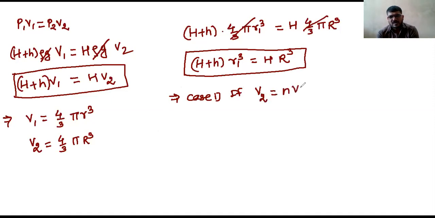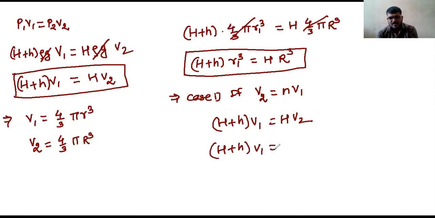V2 is equal to n times V1, then in this formula you can substitute H plus h into V1 is equal to capital H into V2. So this is H plus h into this V1 as it is, capital H into n V1. This V1 and this V1 will get cancelled. You are getting H plus h is equal to n into capital H.